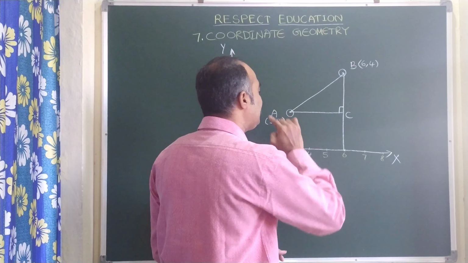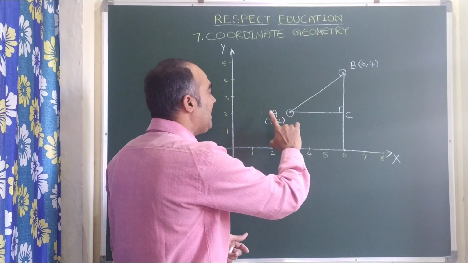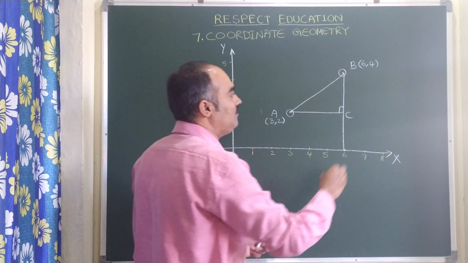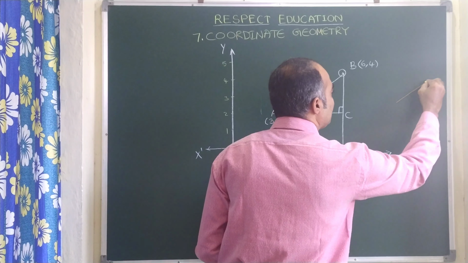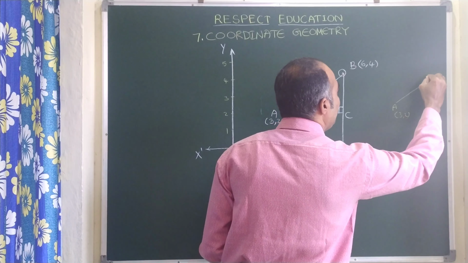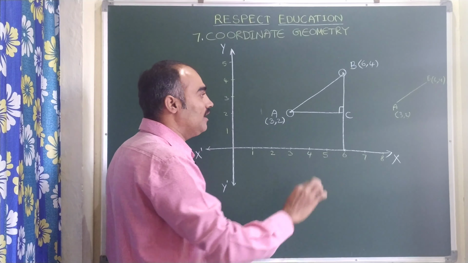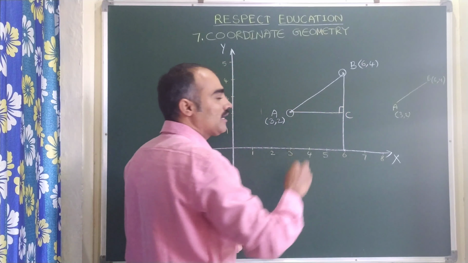Here you see A (3, 2), B (6, 4). Let us keep these values aside for a while. Now come back to the particular example.